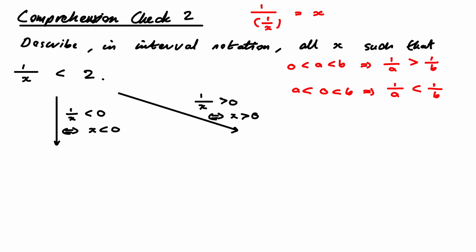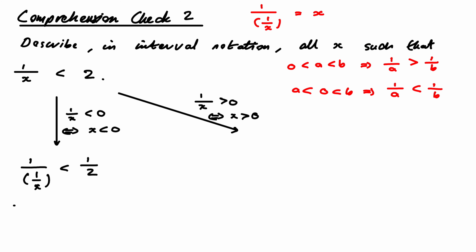Okay, so let's do the negative situation. If it's negative, what do I know? I know that the inequality is preserved. So let me write this incredibly carefully. If I flip everything, it preserves the inequality.